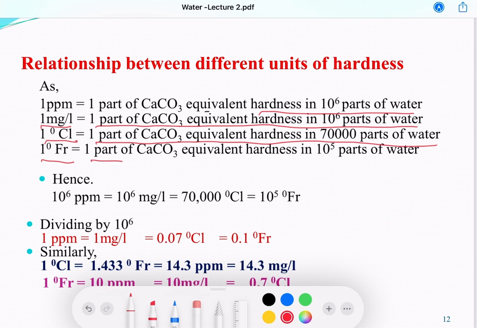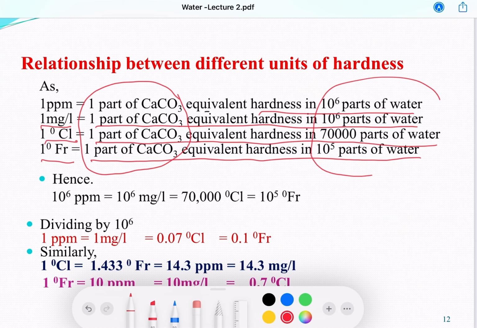Degree French, 1 part of CaCO3 equivalent hardness in 10 raised to power 5 parts of water. That means the solute is 1 part, solvent part is varying. So we just equate it like this. 10 raised to power 6 ppm is equal to 10 raised to power 6 milligram per liter is equal to 70,000 degree Clark is equal to 10 raised to power 5 degree French.